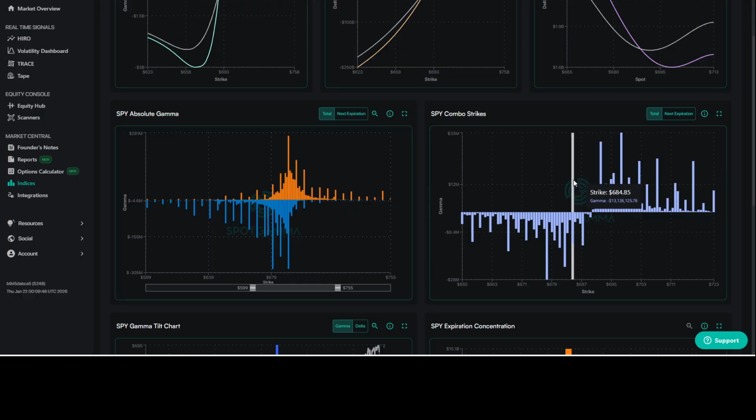What does it mean? That it is a combo. In this case, this gamma and this gamma is shared for SPX too, not only SPY.